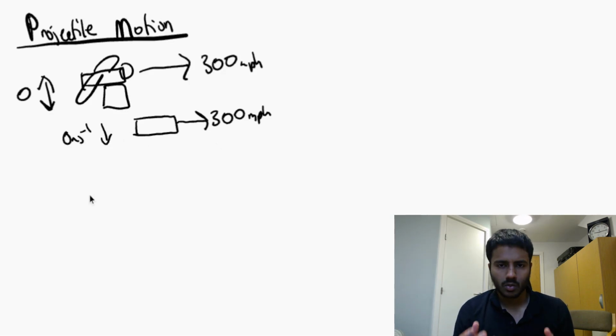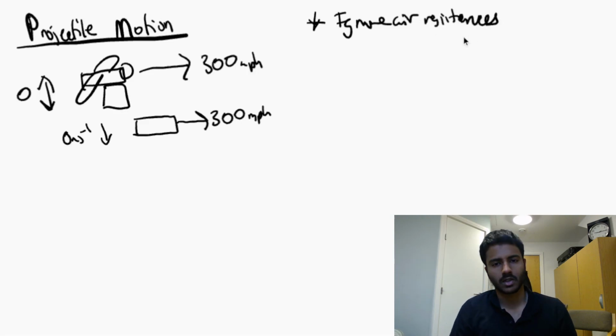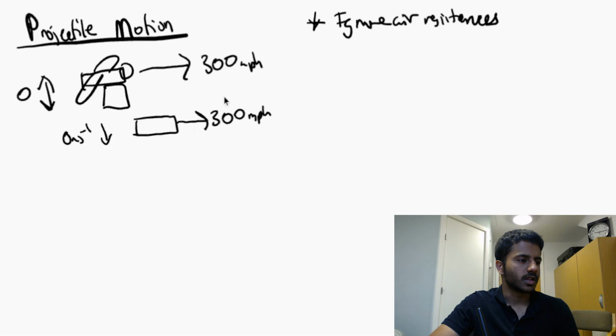Now, I want to ask, what are the forces acting on this particle? And bearing in mind, we're going to ignore air resistance in all cases, unless specified by the question. If it's moving at 0 miles an hour in the vertical direction, 300 miles an hour in the horizontal, what are the forces acting on it? Well, this is not a force.